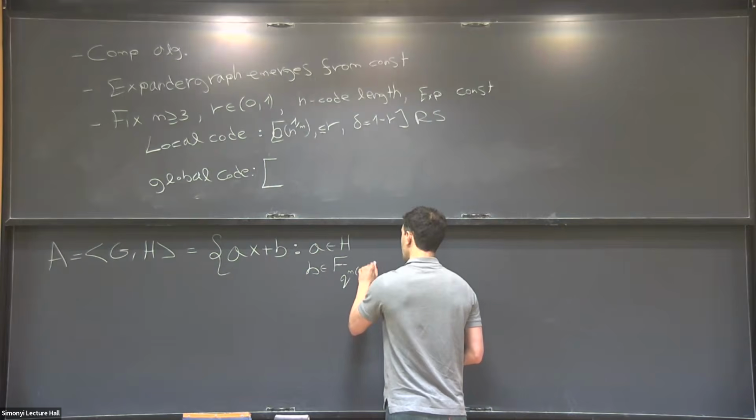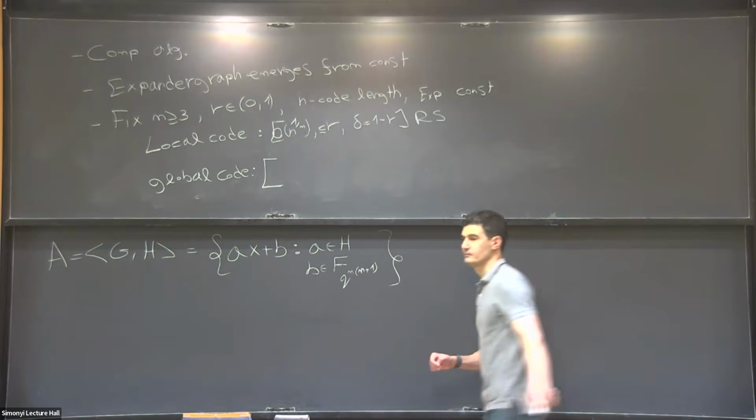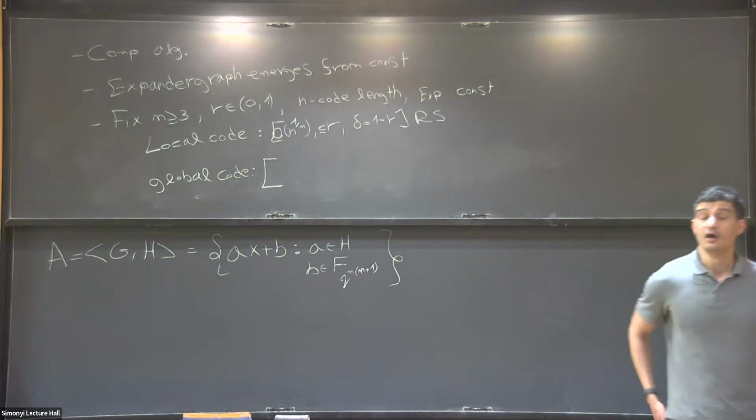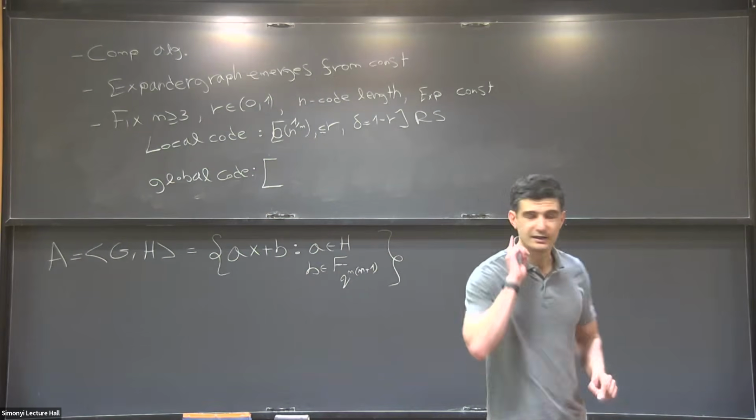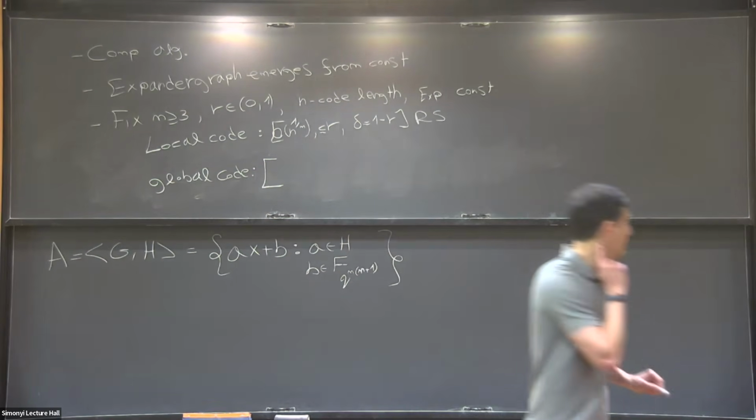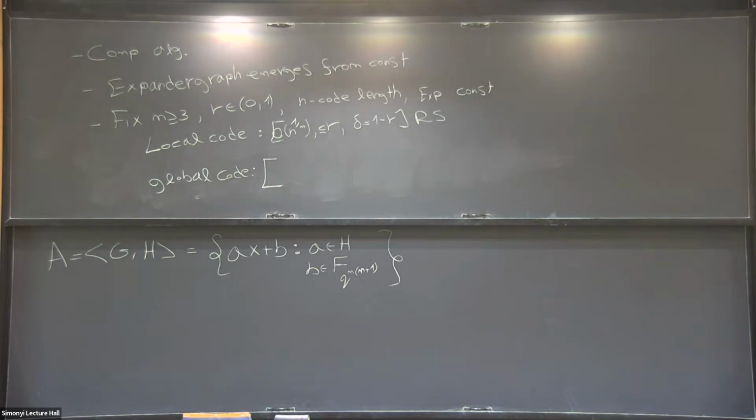So that's the field that contains both. A in H means A is in the multiplicative group of F_Q^(M+1). Is that right? Yes, A comes from this.